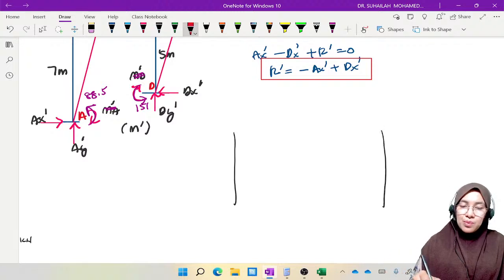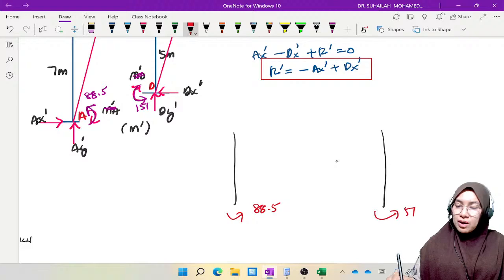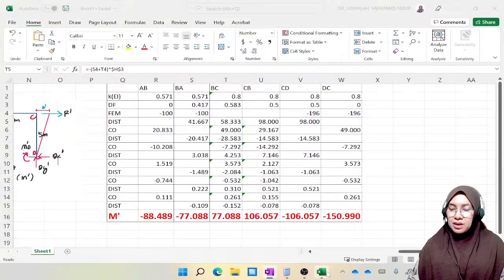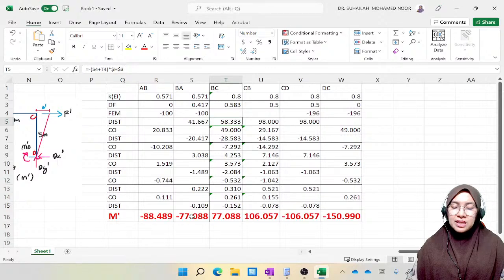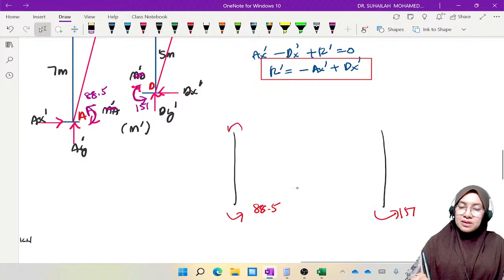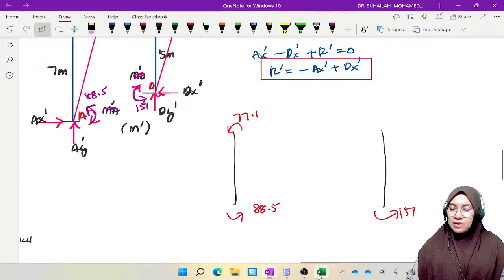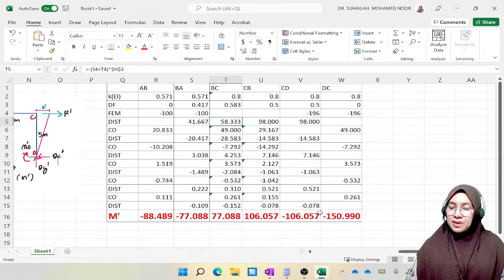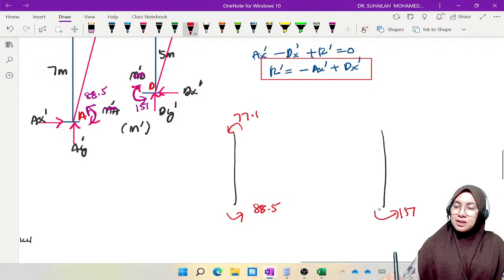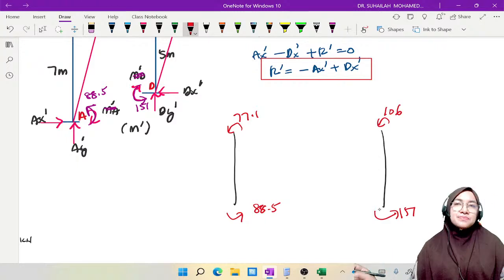So in column AB we have this 88.5, negative 151, and then we should also get negative 77.1 for BA, and another value that we need to include is negative 106.